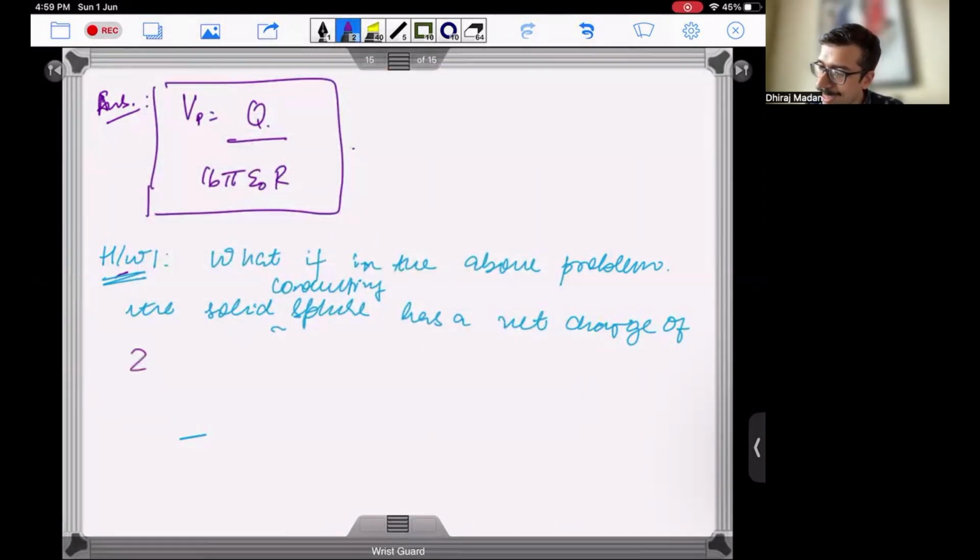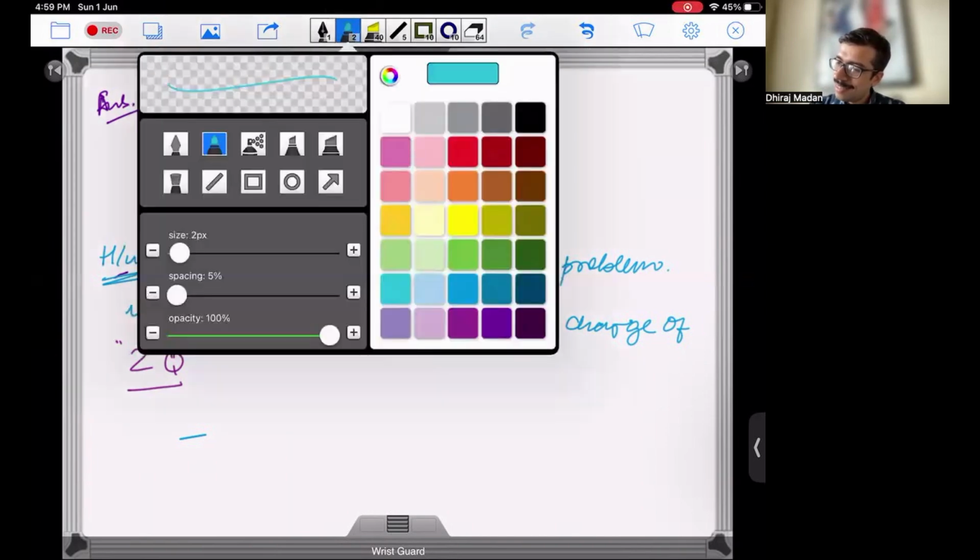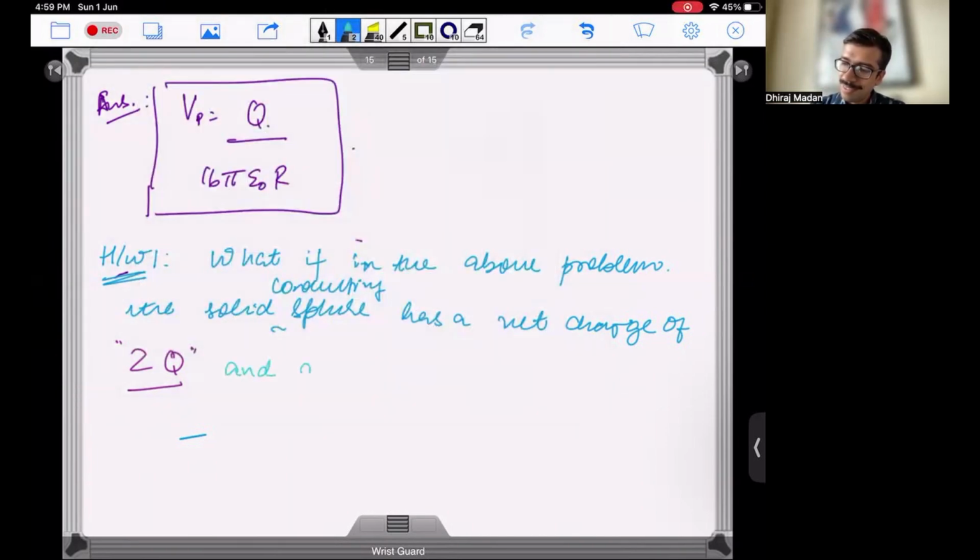So instead of a net charge of 0, the net charge is 2q, and a point charge q is brought at a distance of 4r. That remains the same, but instead of uncharged, the total charge is 2q. Then what will happen?